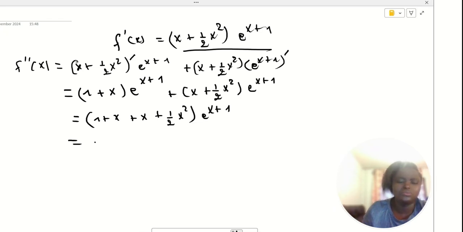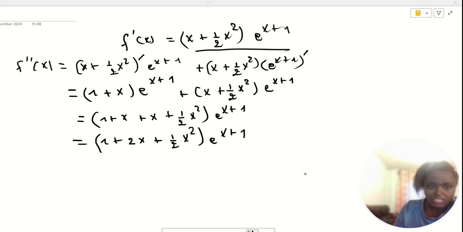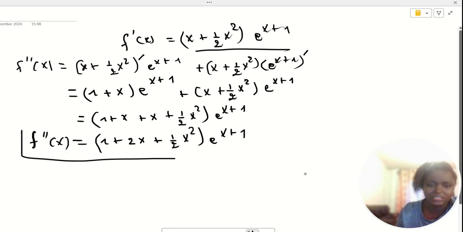So this is equal to (1 + 2x + 1/2 x²) times e^(x+1). This is the second derivative, f''(x).